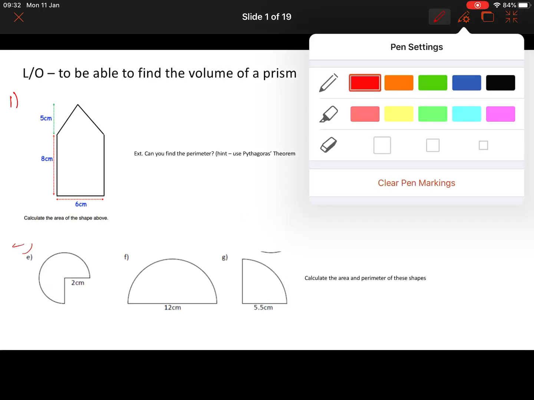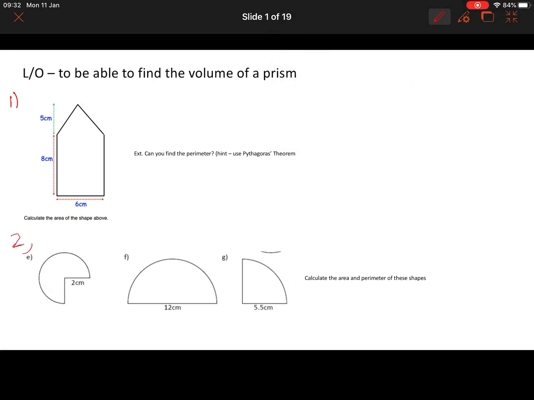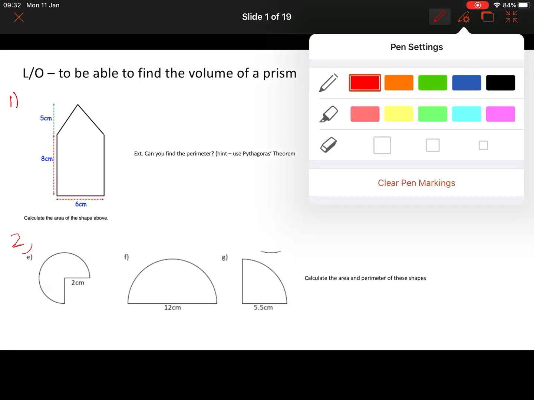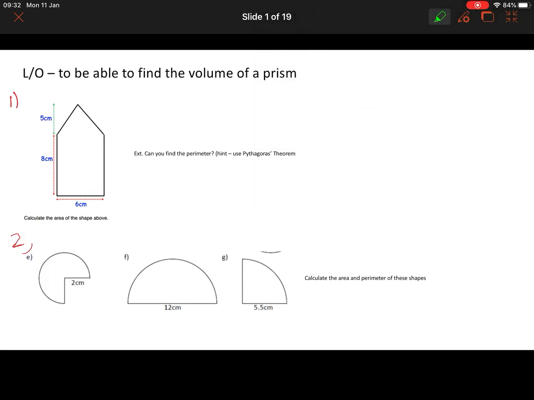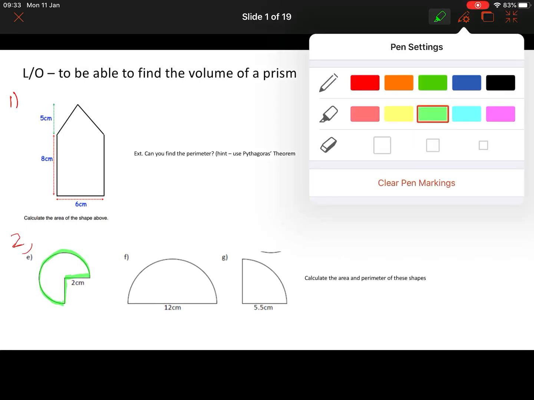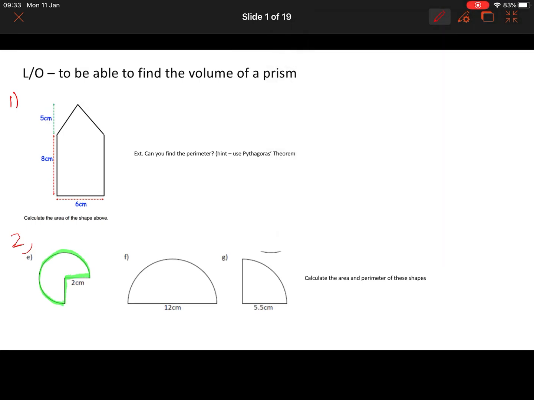Okay? Now, perimeter, everybody gets these wrong. I don't know why you guys find this so hard, but even some of the very best students I teach get this wrong. Okay? Now, remember, perimeter means all the way around the shape, not just a bit of the way around, all the way around the shape. So it's the length of this, what we call an arc, but don't forget these two sides here. Okay?